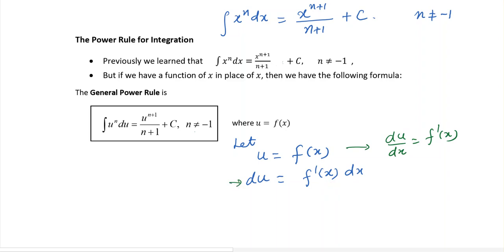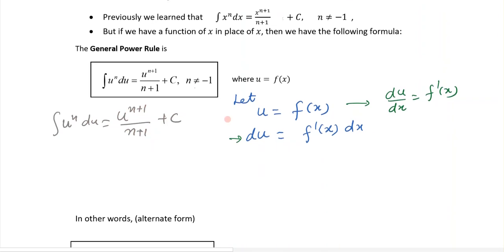So I'm going to do this substitution in our given form. Right now we have the integral of u^n du is equal to u raised to power n plus 1, over n plus 1, plus c. When I do the substitution, in place of u I'm going to write f(x), so f(x) raised to power n, and in place of du, we just figured out that du is equal to f prime x dx.